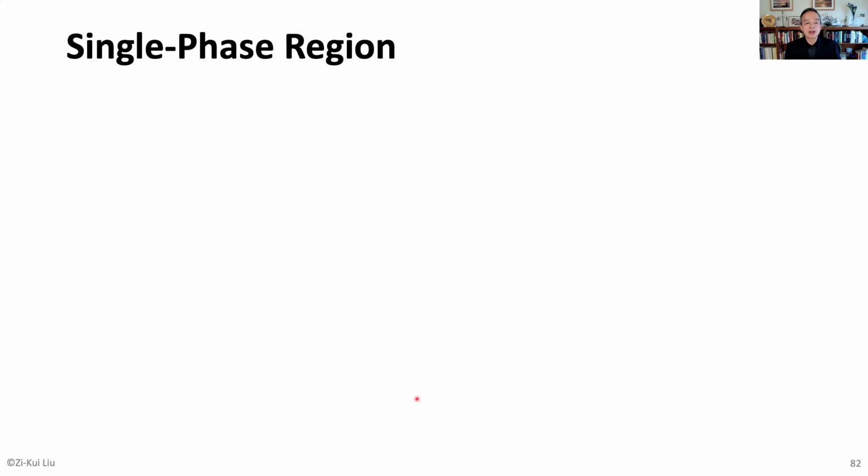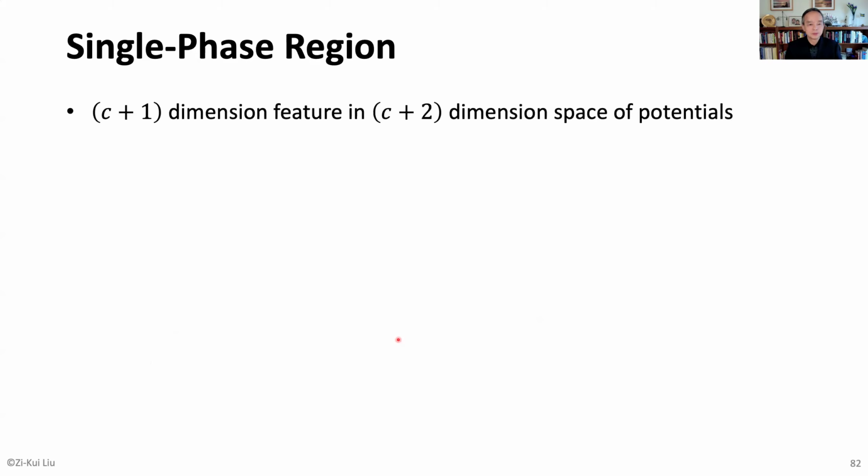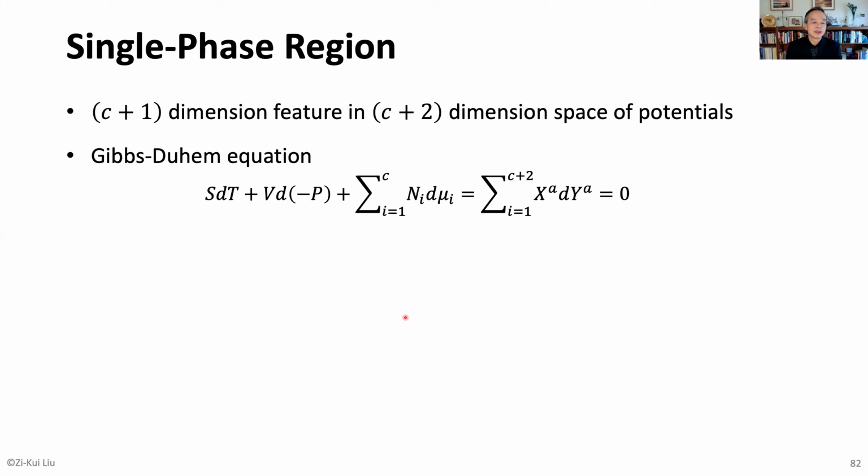So now let's look at the single phase region. We talk about the C plus 1 dimension features in the C plus 2 dimension space of potentials. So we're going to use the Gibbs-Duhem equation. All the potentials, dT, d minus P, and d mu i, are not independent anymore.